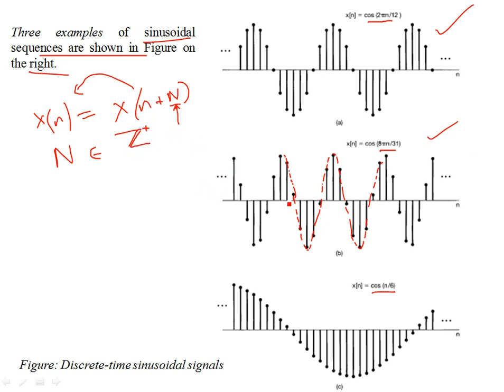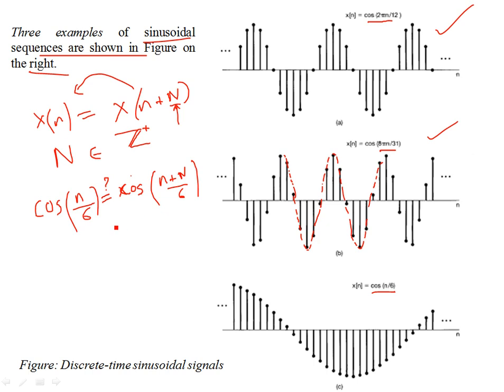So for this case, what happens is, if you consider the sequence cosine, and for a moment you believe that this is periodic, and then you argue that if that is the case, then the equality should hold, that I should be able to find the period capital N for which this is true. So let's try to find out if we can determine this period. So this will be small n plus capital N whole by 6. What we are interested in is to find if this equality holds for this particular sequence.